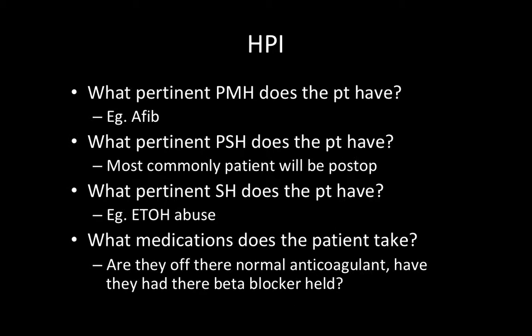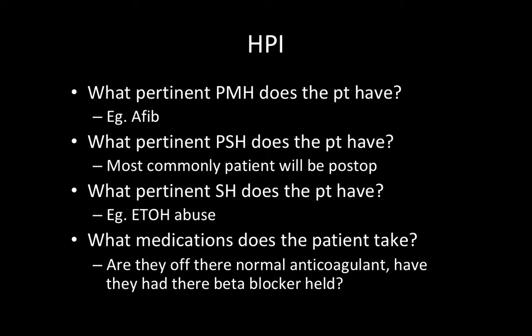So for history of present illness, what pertinent past medical history does your patient have? Does the patient have a history of atrial fibrillation, for example? That puts them at a higher risk of getting it postoperatively if they've been controlled before. What pertinent past surgical history does the patient have? Have they had recent surgeries? Are they a fresh postoperative patient?